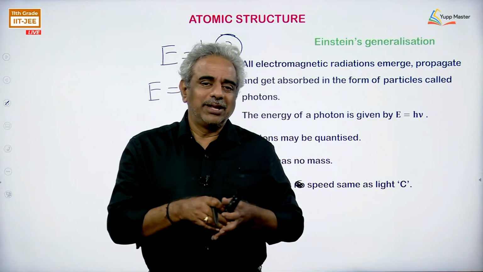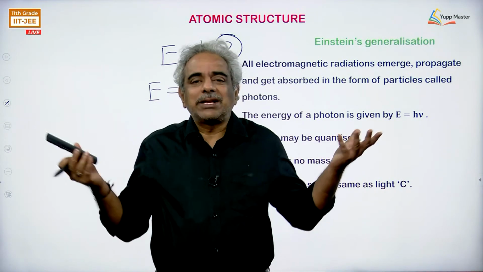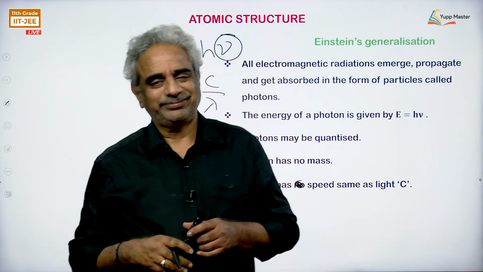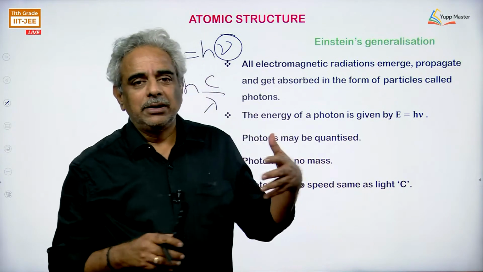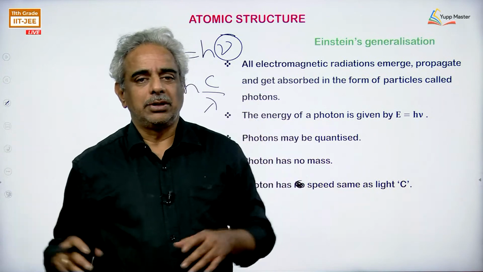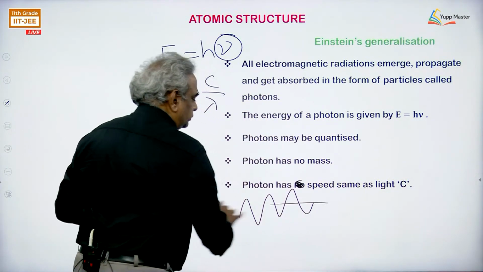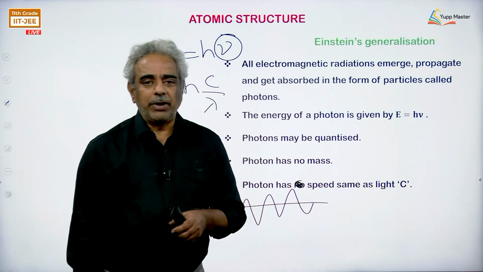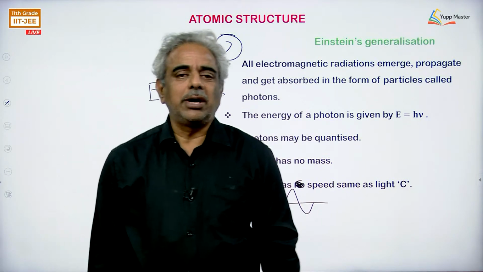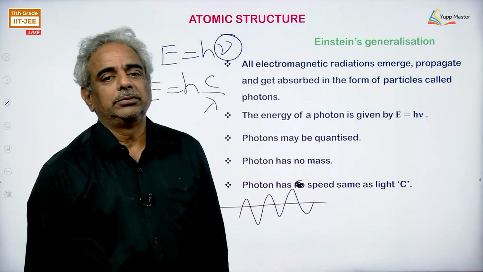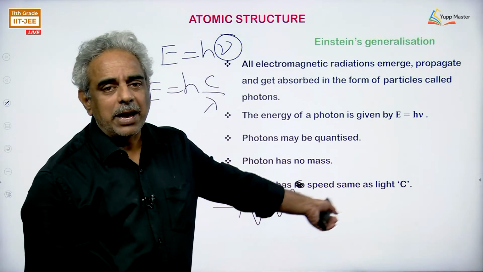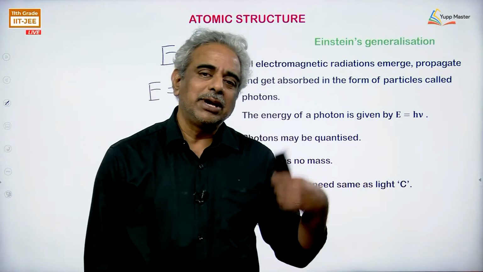Here our doubt is, why should we accept Einstein? He simply said every electromagnetic radiation. Earlier we were believing electromagnetic radiation is a wave. Electromagnetic wave theory, we appreciated electromagnetic radiation to be a wave. Now suddenly, by seeing Max Planck's quantum theory, Einstein has generalized.